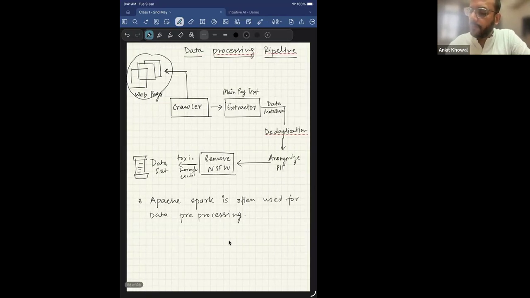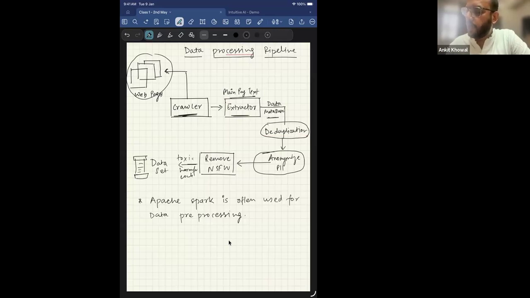You have web pages, basically you have crawlers running, then you have extractors which go through all these web pages and extract the content of the main web page. You get the data and the metadata, and then you do some deduplication on the data, so that duplicate data should not come in. You anonymize or remove the PII information, because it's data on the internet and can have personal information of people.